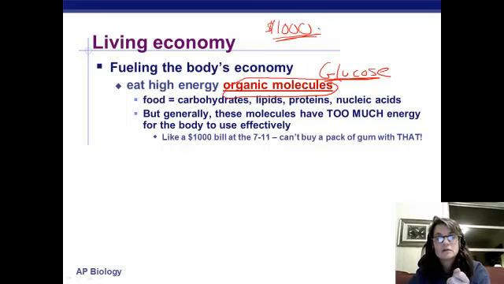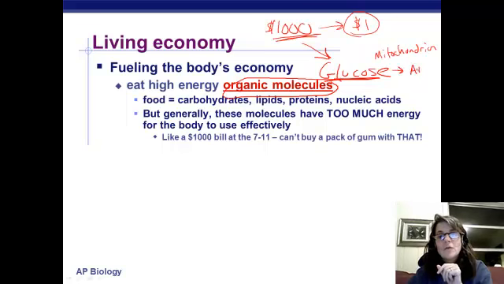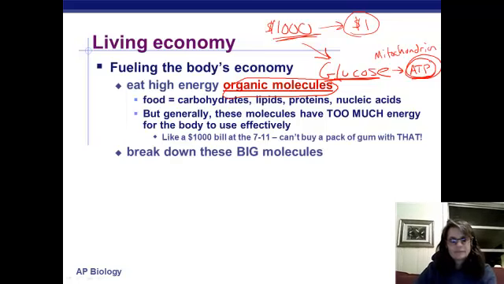So what you would need to do is take your $1,000 bill, that is a glucose molecule, and take it to the bank and get them to change it into a bunch of $1 bills, preferably 1,000 $1 bills that you could spend easily anywhere you wanted. Okay? The glucose molecule goes to the bank. In this case, the bank this time, though, is the mitochondrion in your cells. Okay? And gets converted into a bunch of little $1 ATP molecules that can be readily spent to do cellular work. Okay?